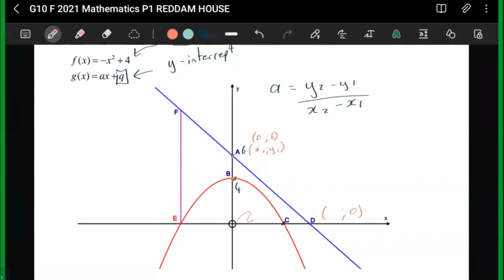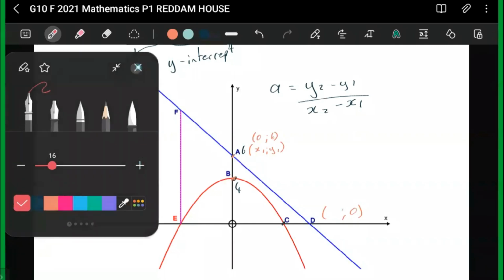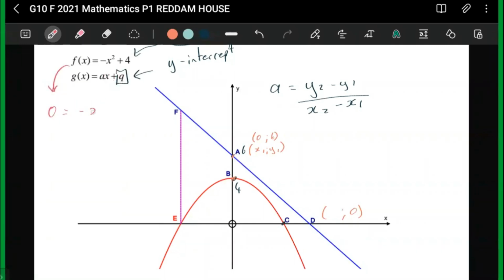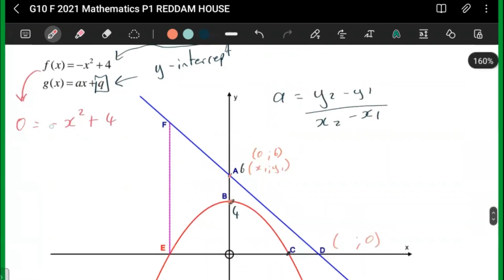To get the x-intercepts, you have to make y as 0. So in this equation, you're going to make y as 0, and then you're going to have minus x squared plus 4. And then the negative x squared goes to the left, and then you just have to square root both sides.